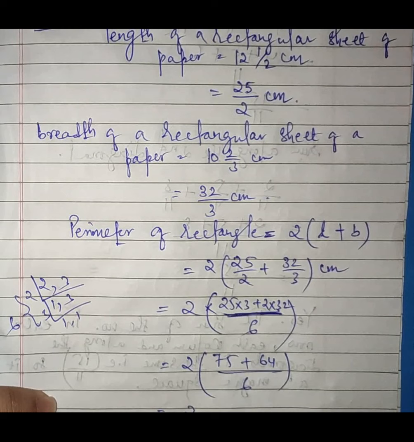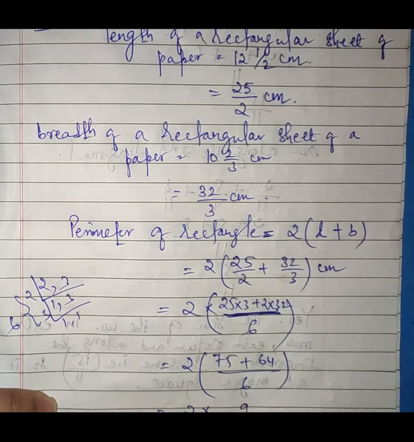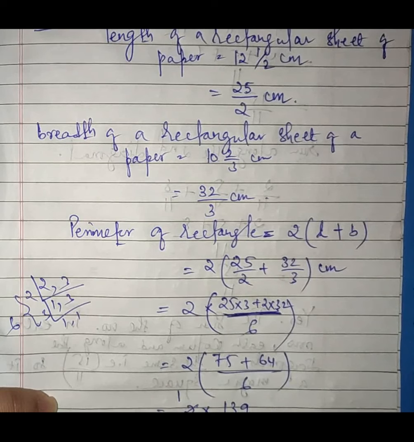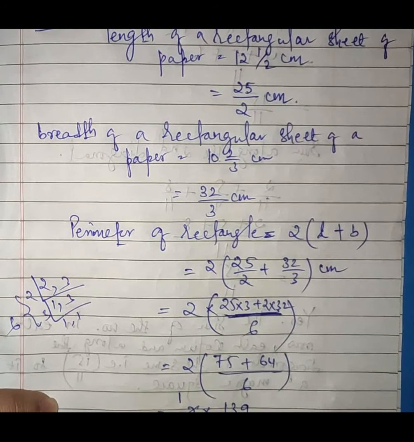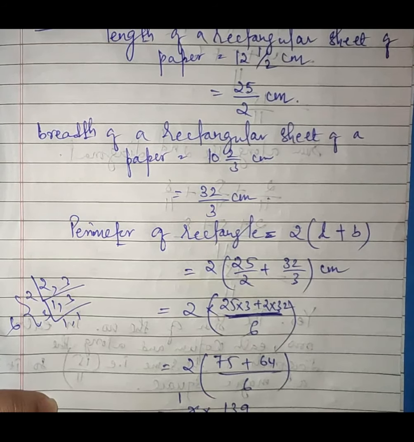All right, so 75 plus 64 is 139 by 6. This is the one. If you divide this, 2 1 2, 2 3 6, you can do it like this. So 139 by 3, or you can write 46 whole 1 by 3 centimeter.